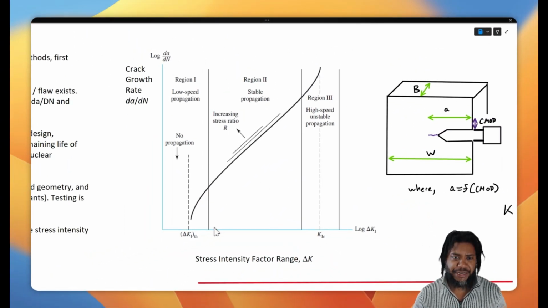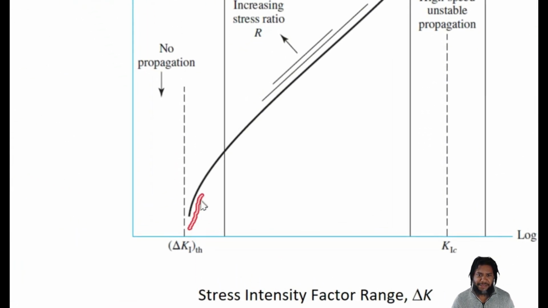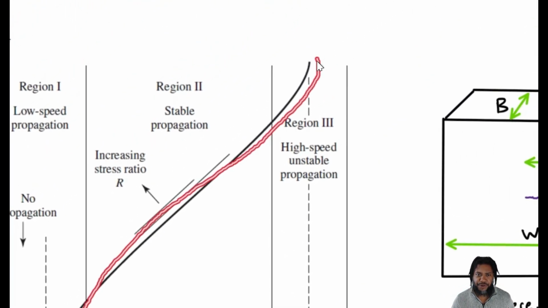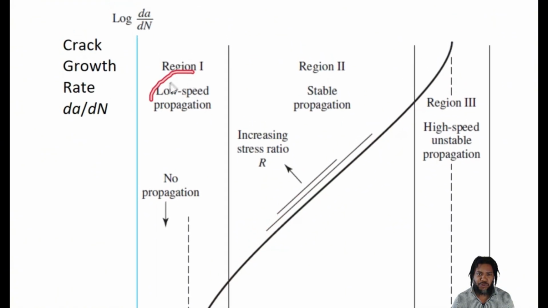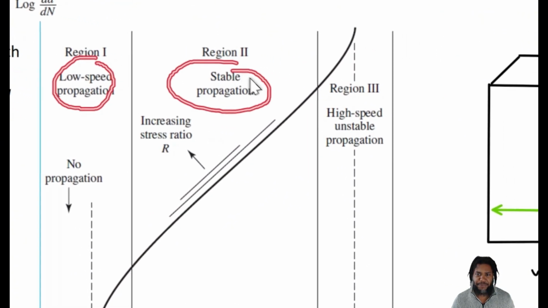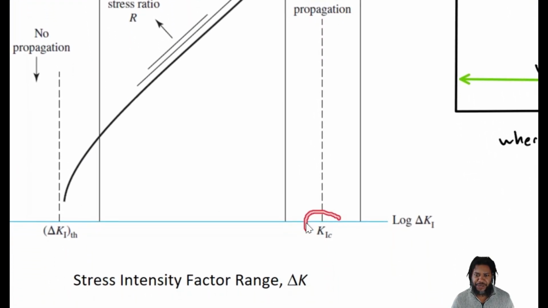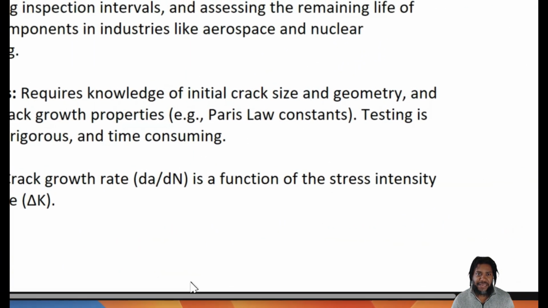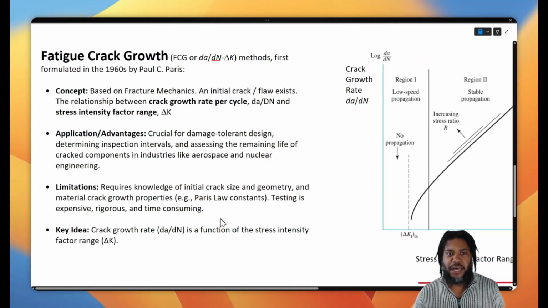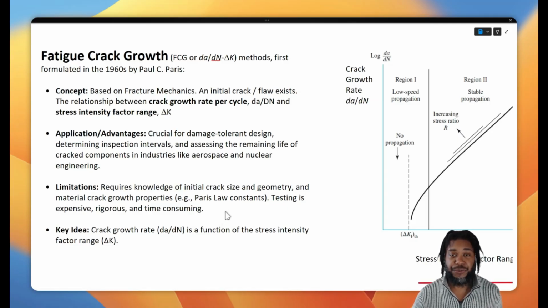And we can then define this envelope with various regions of slow crack growth, stable crack propagation, and then high speed unstable propagation where fracture occurs, right? Now this method, one of the most advanced methods, but also one of the most challenging to deal with.